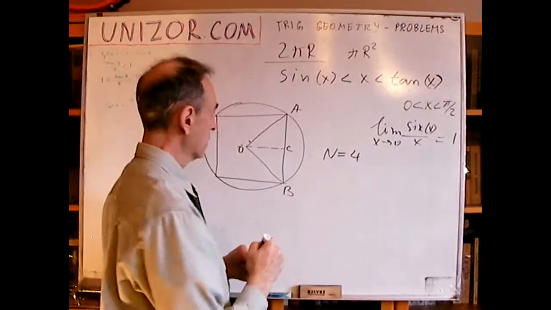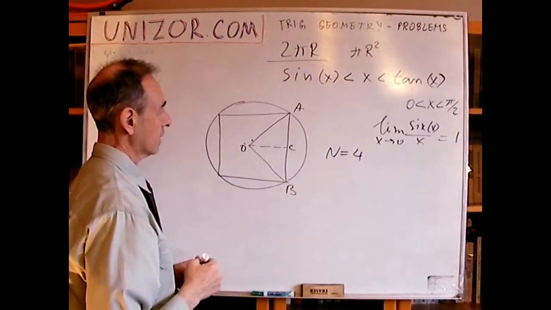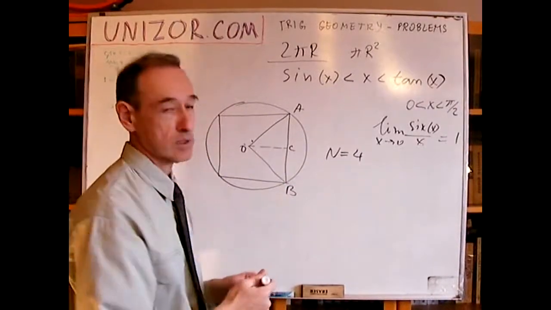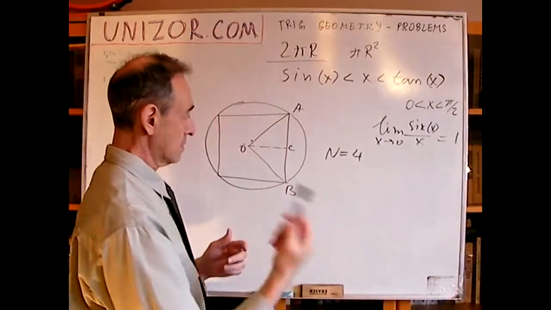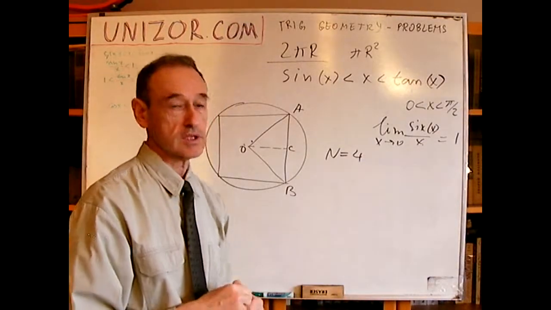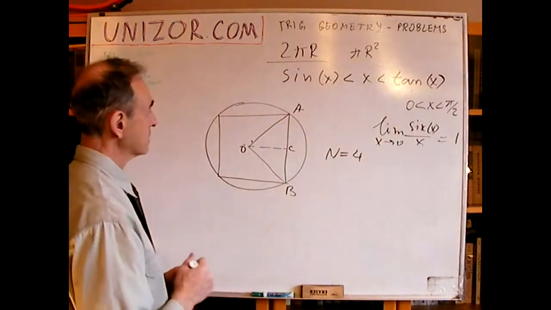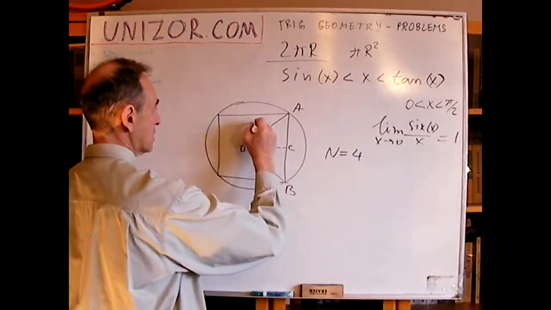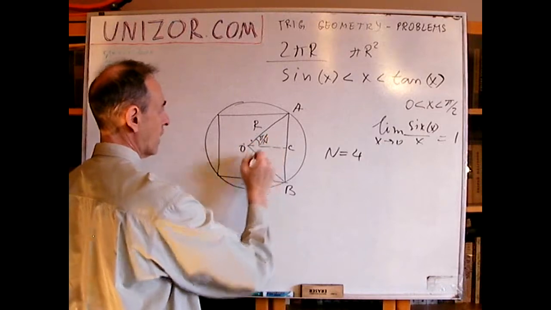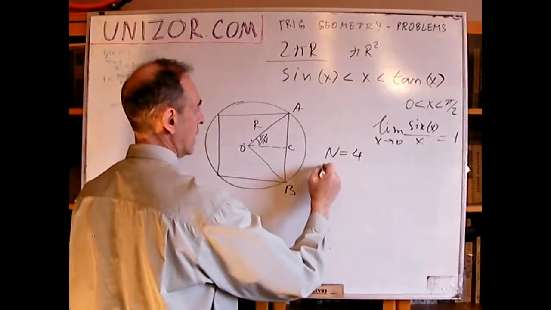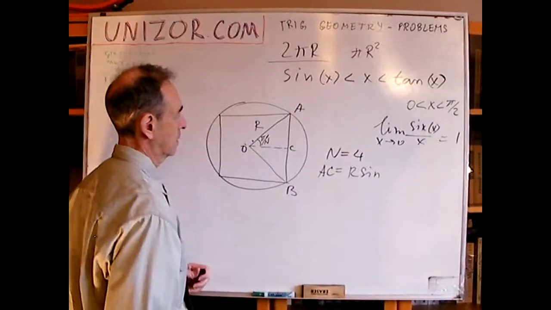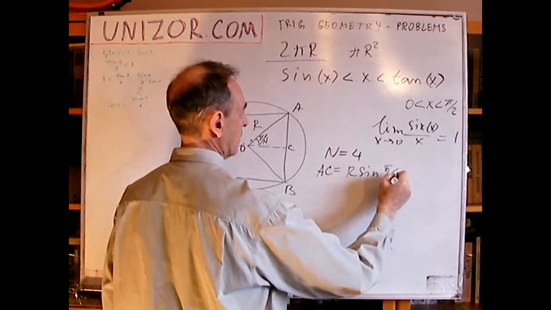So what we have to calculate right now is the area of this square, based on n, and then n goes to infinity, and we will see how it goes. Now the same considerations. So this is r. This is, as we already know, pi over n. So AC is equal to r sine of pi over n, right?